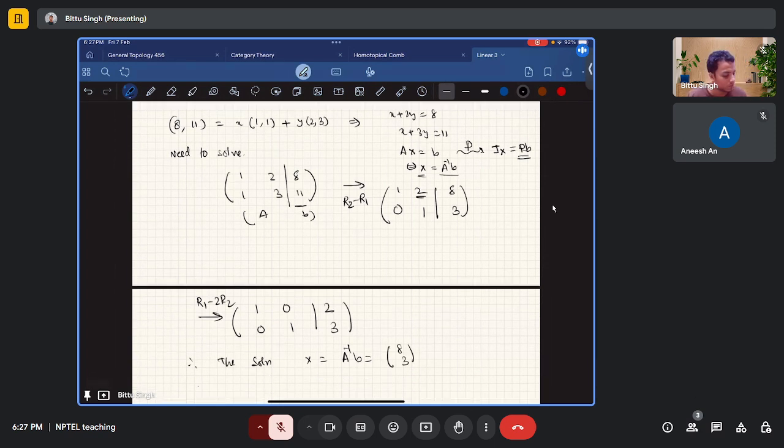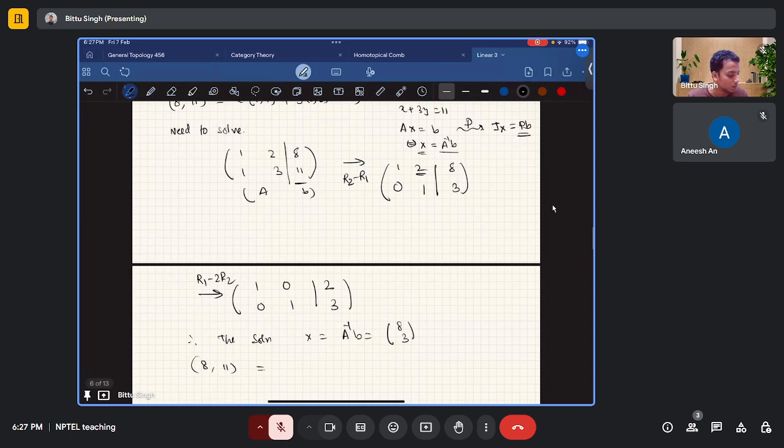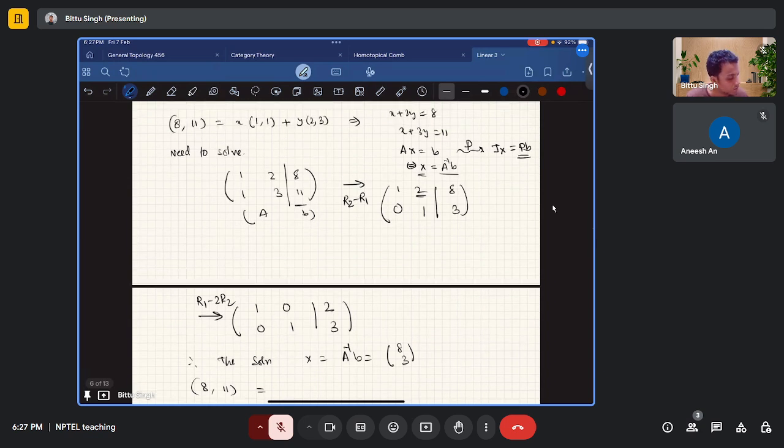So we obtain that 8 comma 11. This thing can be written as this. This is the first component X, and this 3 is the second component Y, right?